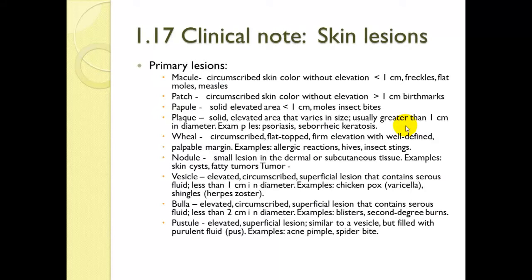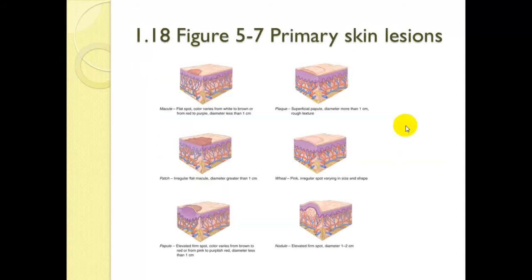Clinical note, skin lesions. We have primary lesions on the body, and the easiest way to look at those is by figure 5.7 that's in the book. Primary skin lesions.